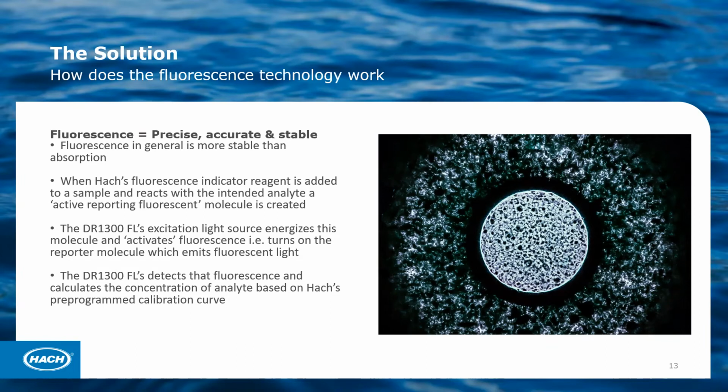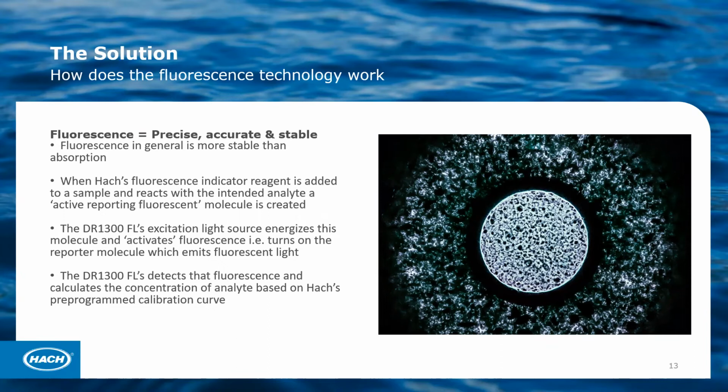Our total chlorine test, free chlorine test and sulfite fluorescence tests are comprised of a two reagent system: an indicator reagent and a buffer reagent. In every test, we add a specific indicator through the use of just a simple dropper bottle. We add 5 drops of our indicator to the reagent, and when that's added, it seeks out that analyte, free chlorine, total chlorine, or sulfite, and it bonds and creates what's referred to as an active reporting fluorescent molecule.